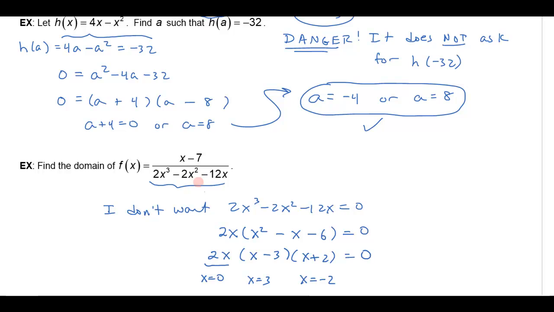You'd have them dividing by 0, and that's bad. So my domain is going to equal the set of all x values. X can be anything you want it to be except one of these three numbers. X cannot equal 0, 3, or negative 2.